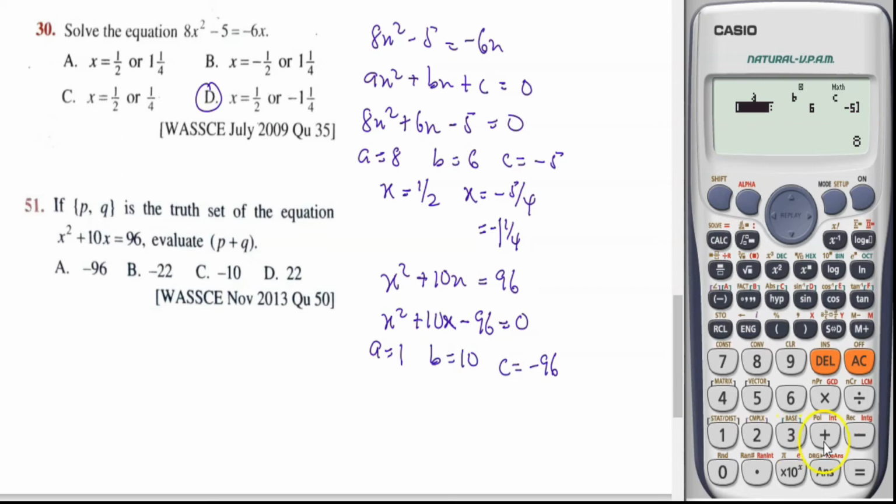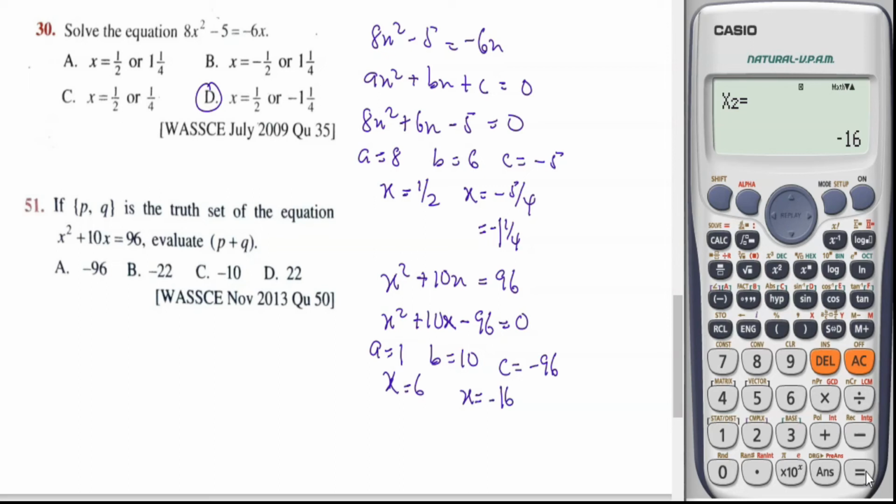So keying in the values, A is 1, enter, B is 10, enter, then C is -96. And we press the enter button, enter again, we get x value as 6, one x value is 6, and the other x value is -16.